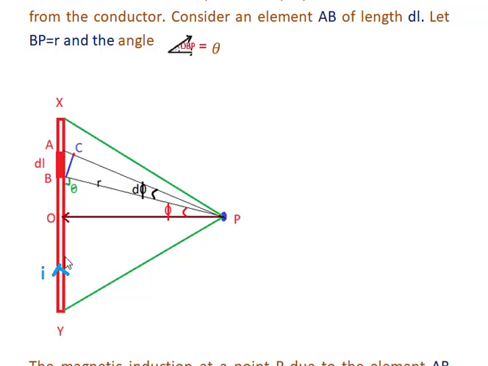In this wire, we consider a small element AB of length dl. Let BP be the distance r, and the angle OBP, from O, B and P, is taken as theta.